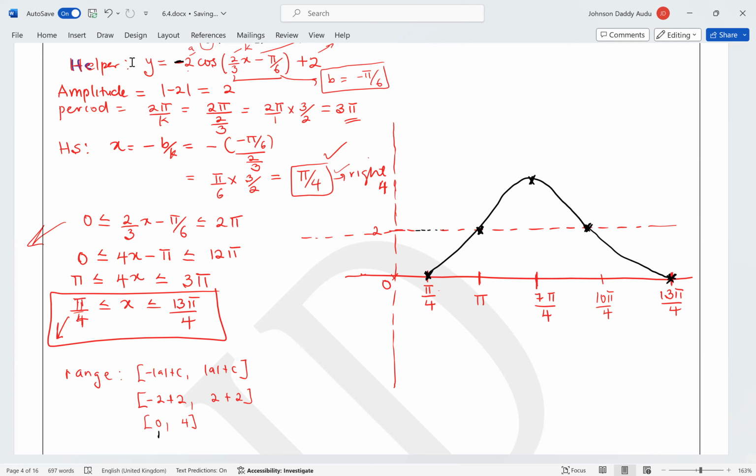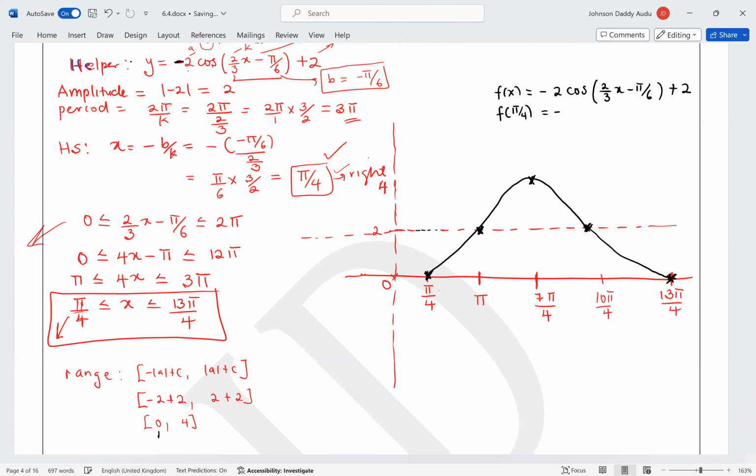So which graph is this? This graph is the graph of f of x equals minus 2 cosine of 2 over 3 x minus pi over 6 plus 2. All right, now you can test. You can always test first before you go ahead. So let's test f of pi over 4.